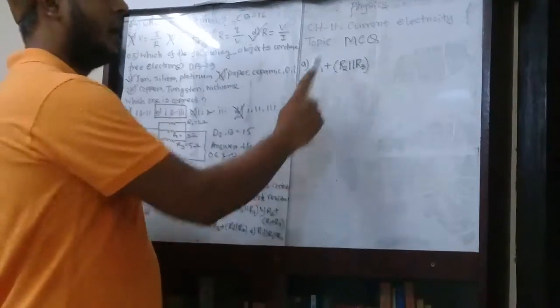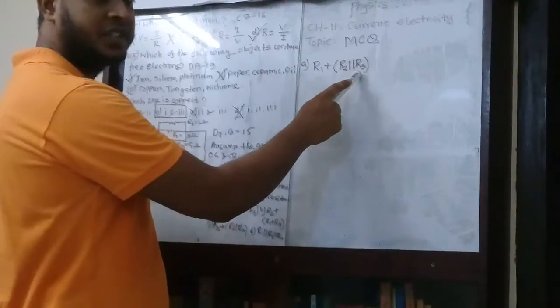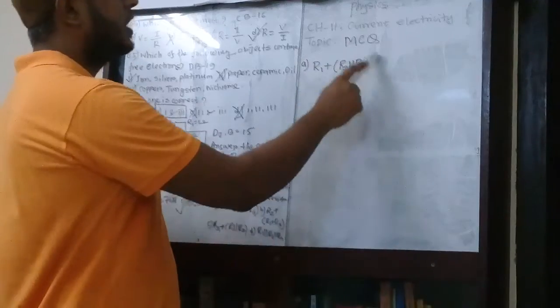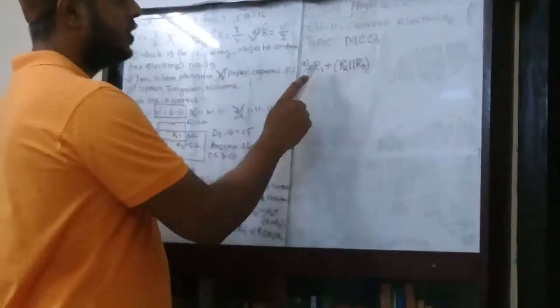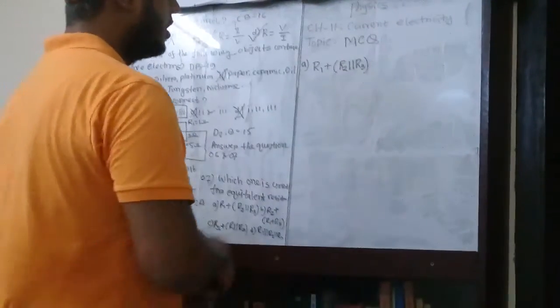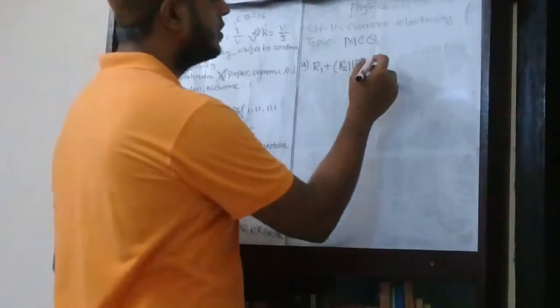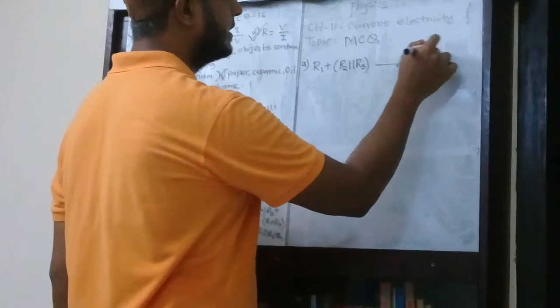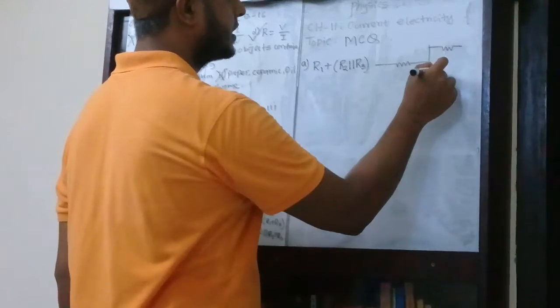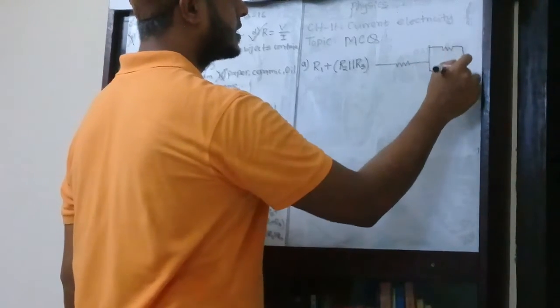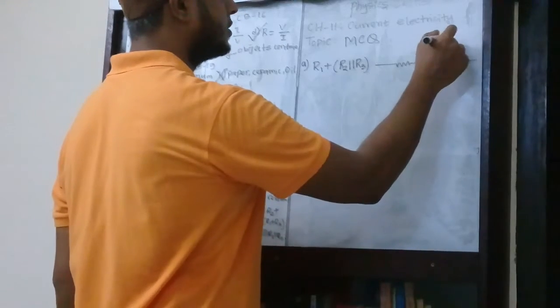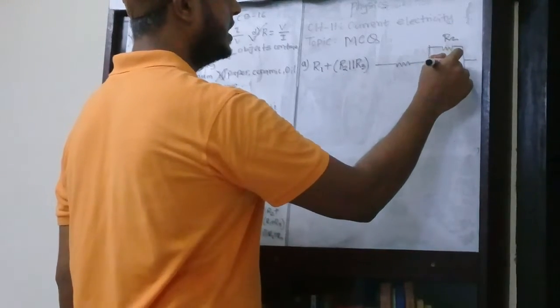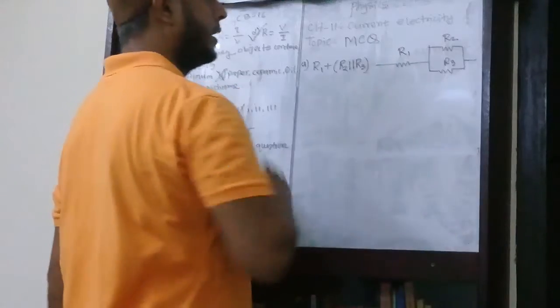I repeat, R2 and R3 are connected in parallel, and this part is connected in series with R1. So this equation indicates that the circuit diagram is just like this. This is R2, this is R3, and this one is R1.